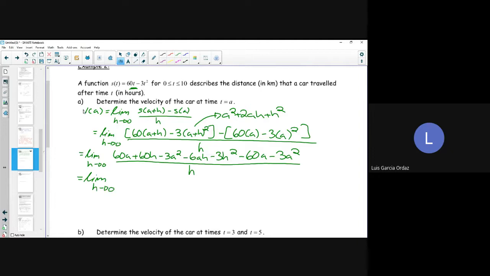What does our numerator simplify into? Once you're done, just type your answer in the chat.